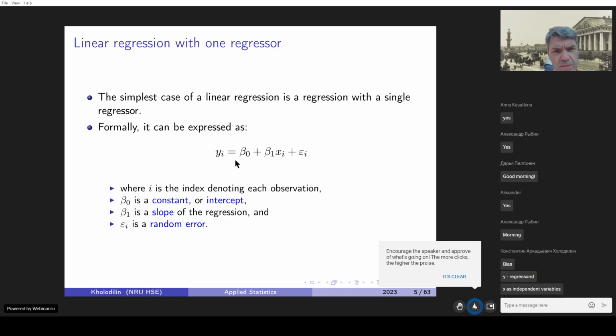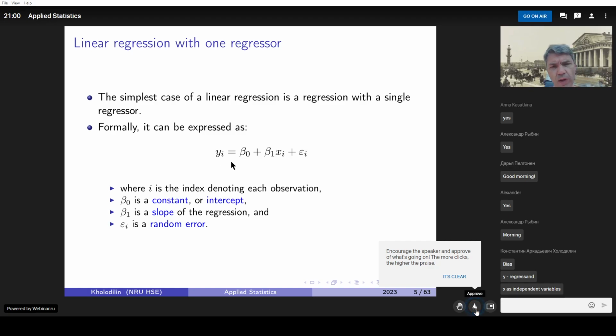Notice also that we have some indices, y_i, x_i, epsilon_i. These are the indices denoting each observation. So I think we've seen already them in the previous analysis. So typically, if we have a sample, then each member of the sample, each observation gets its index, and that's this small i here.